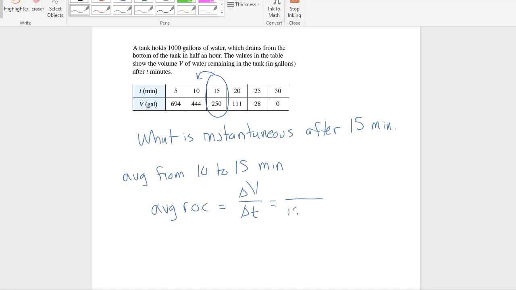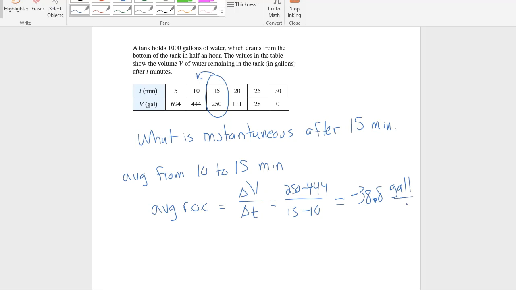So I have 15 minus 10 as my time units, and then I have 250 minus 444. And if we plug all of that into a calculator, we get negative 38.8. I'm going to say negative 38.8. And then what would be our units on this expression, right? So remember, the volume is being given to me in gallons, and the time is being given to me in minutes.